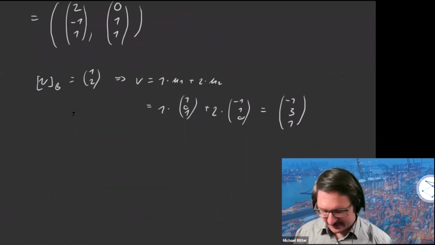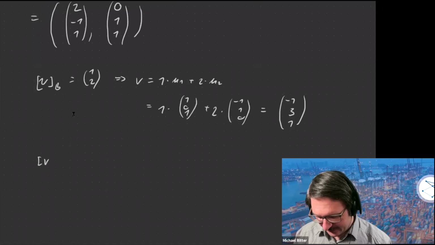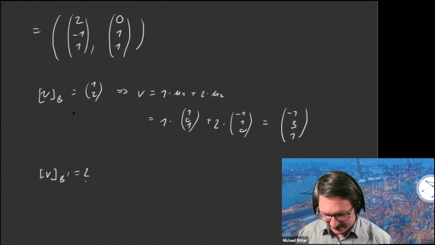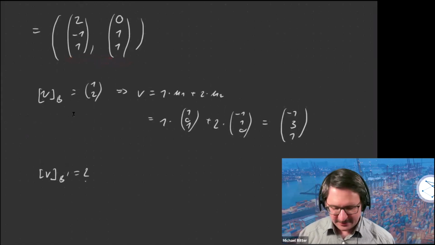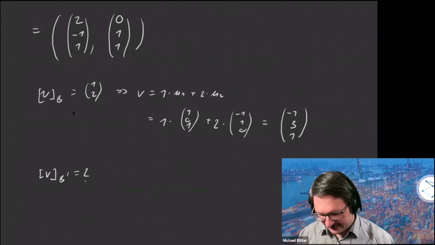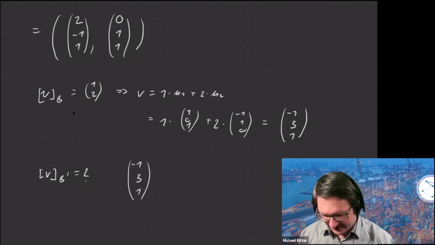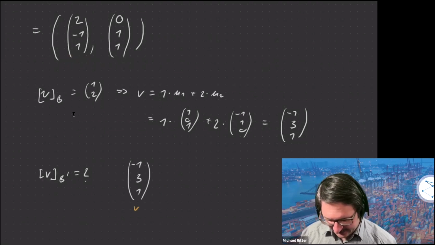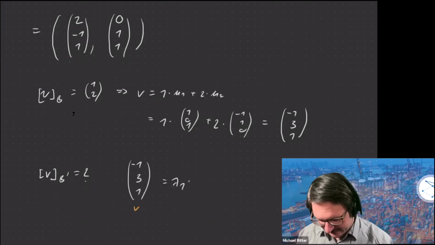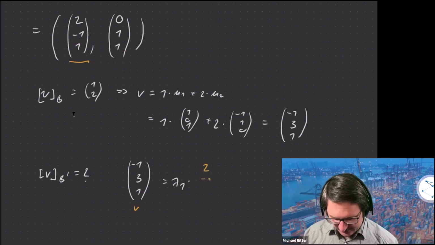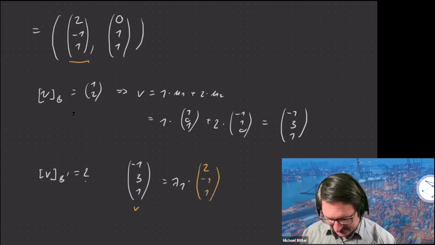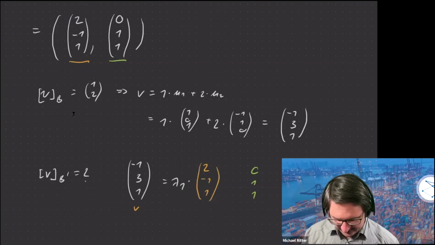And now we want the coordinates of V with respect to B prime. So what we have to do to get that is represent this vector V, minus 1, 3, 1, as a linear combination of these two basis vectors, 2, minus 1, 1, and 0, 1, 1.